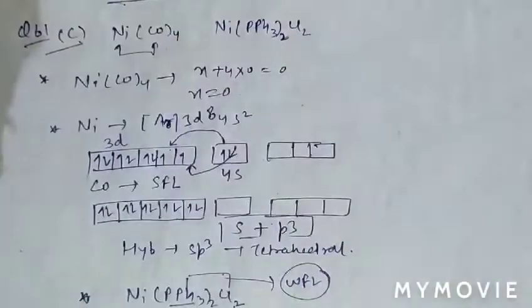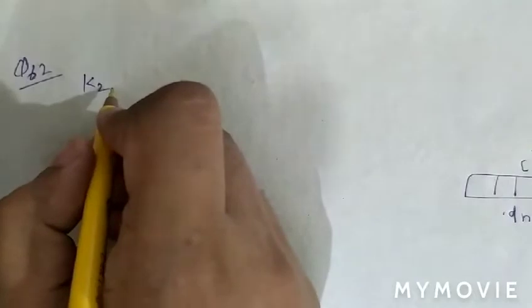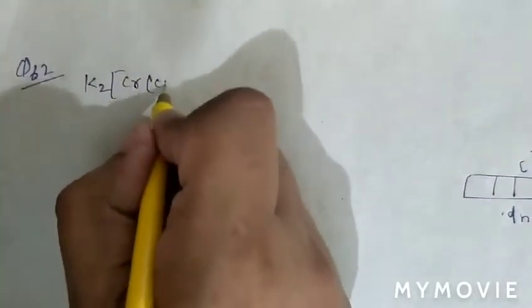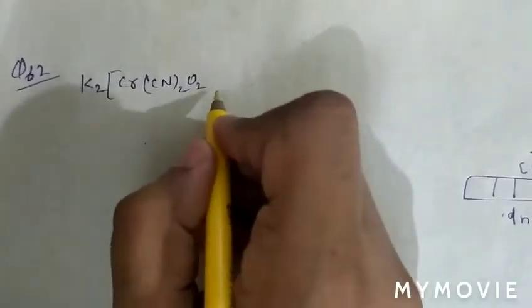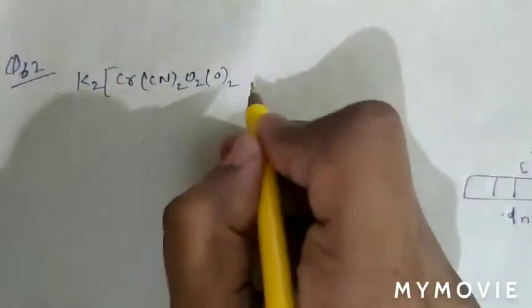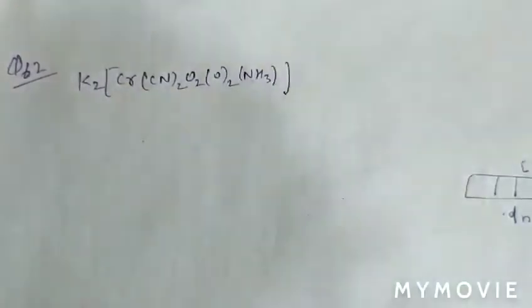See question number 62. Question number 62 is again based on IUPAC nomenclature. Here there is the IUPAC name of the compound K2[Cr(CN)2O2(O2)NH3].